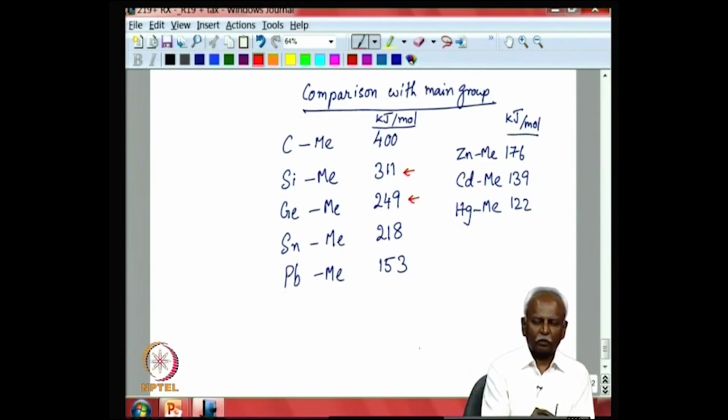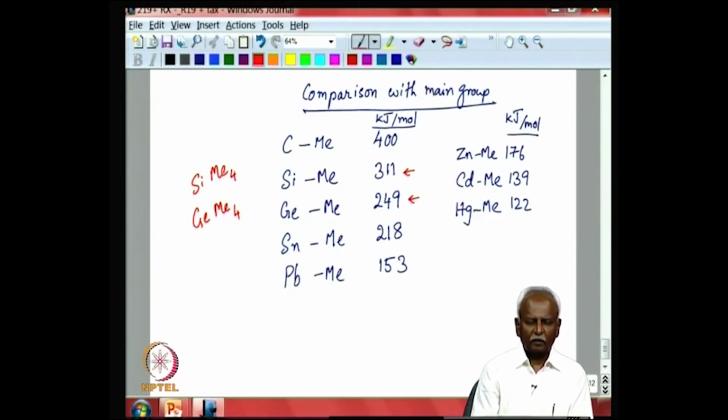Here we are talking about GeMe4 and SiMe4, and we are talking about the average bond strength required for breaking the 4 methyl groups together, and then we take the average for all 4 methyl germanium bonds, and we get 249 kilojoules per mole.